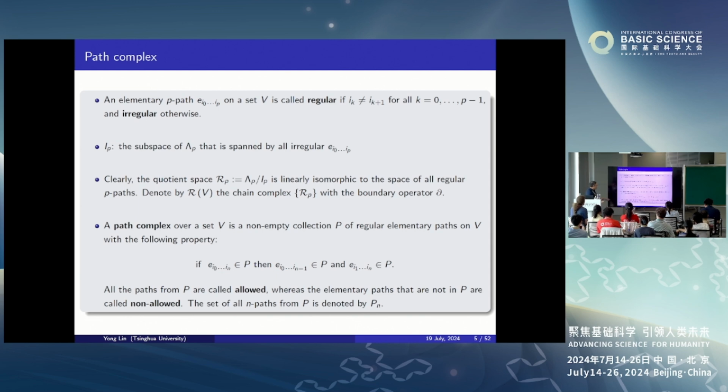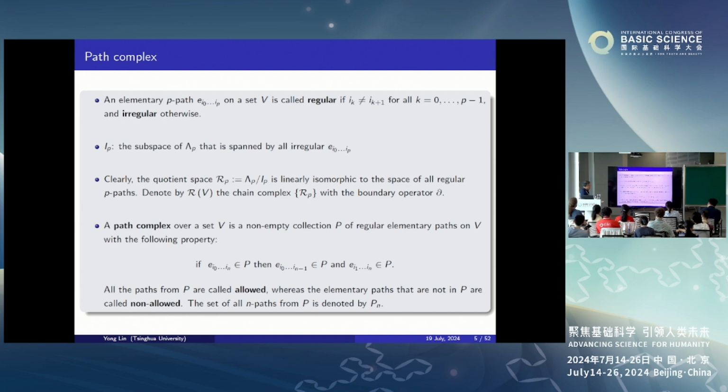Then the quotient space R_p is linearly isomorphic to the space of all the regular p-paths. So we use this R_p to denote all the regular p-paths, and we use this boundary operator ∂ working on this regular complex.